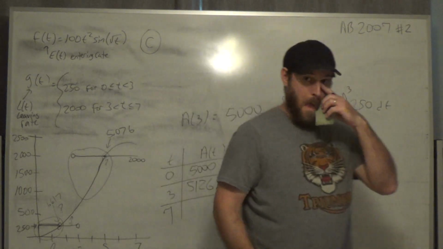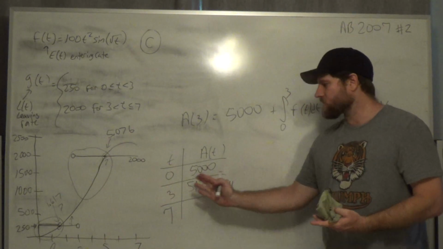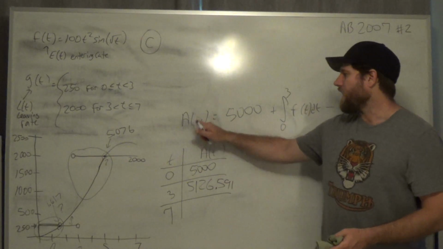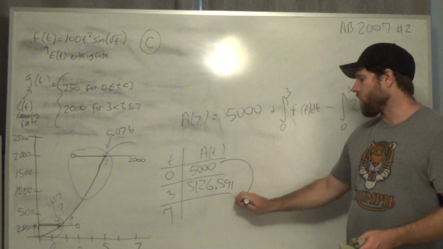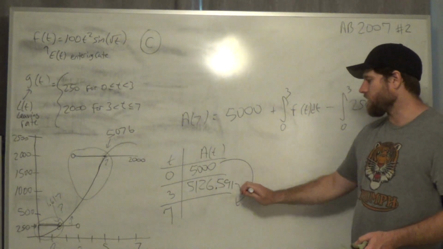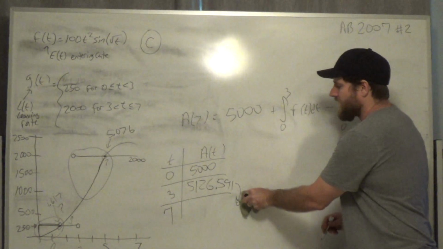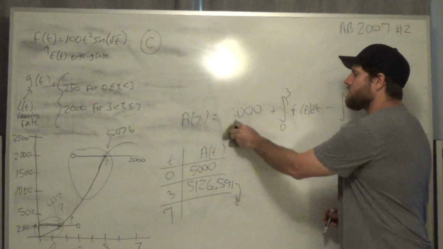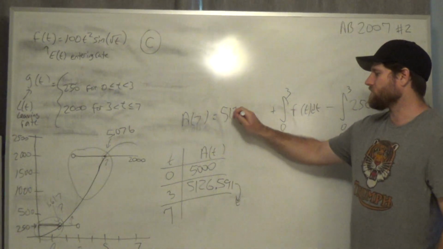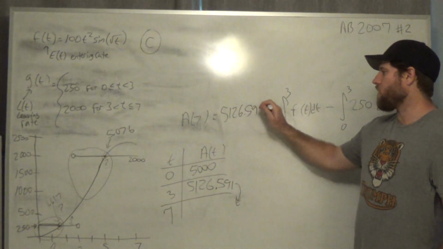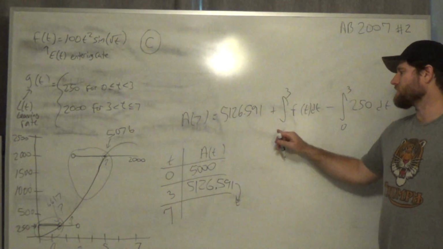Now that we have this, we want to know how much we have at time 7. At time 7, we don't need to start back at time 0 when we already have time 3. So at time 3, my initial amount is 5,126.591 plus how much did I gain from time 3 to 7?